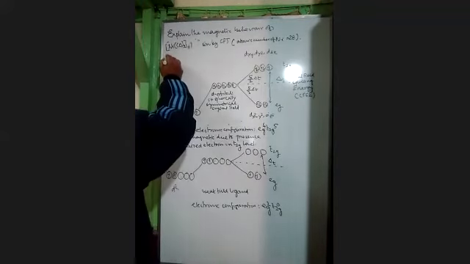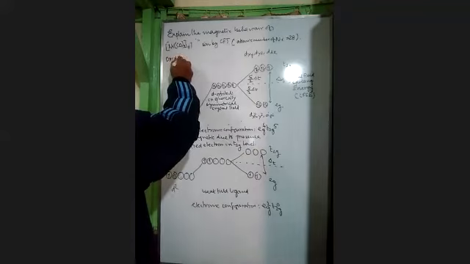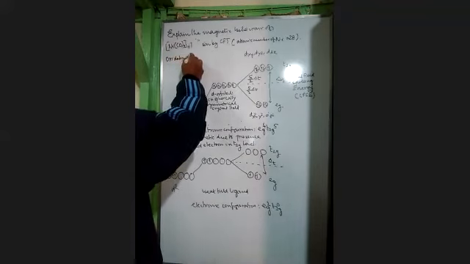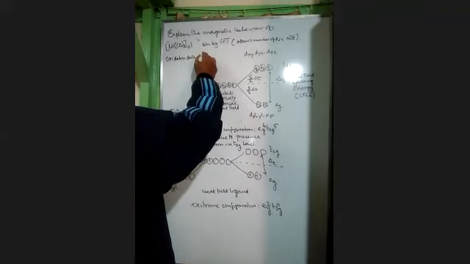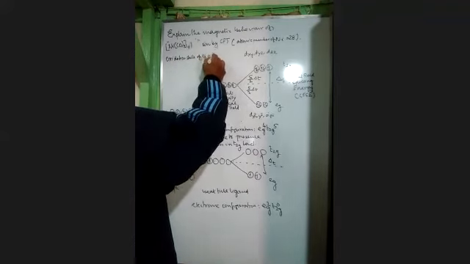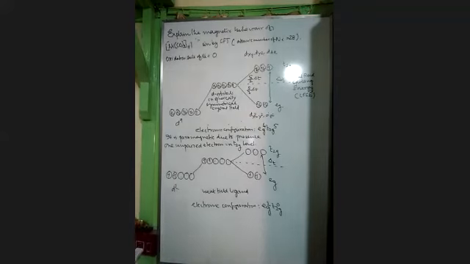So the oxidation state of nickel is +2? No, dear, sir, it is 0. See, this is neutral. Does it have any charge outside? No. So the oxidation state of nickel is 0.